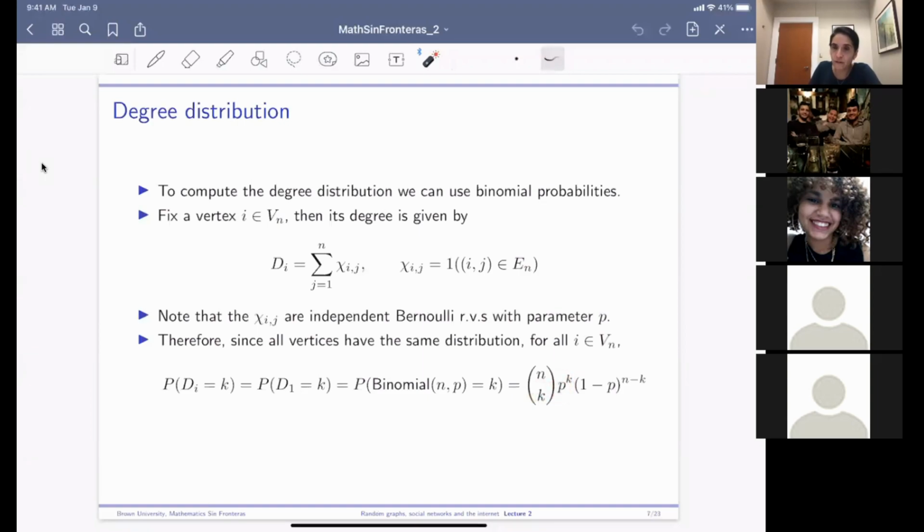Each of those coin flips that were heads were heads with probability p, so I have k of those, and that happens with probability p to the k. And the remaining n minus k coin flips must have been tails, so that gives me this term over here. And because all the vertices are indistinguishable from a probabilistic point of view, the degree of vertex 1 is equal in distribution to the degree of vertex 17, which equals the degree of vertex 123. They're all equal to each other and they all have a binomial distribution.